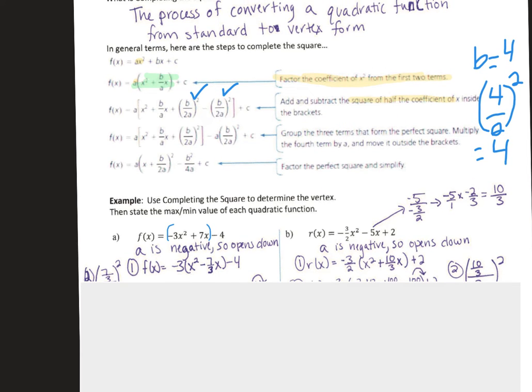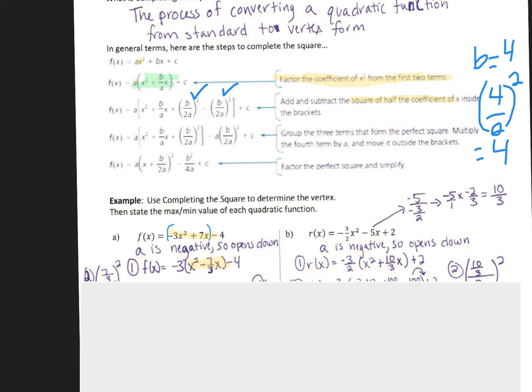When you common factor out an a, you have to make sure you divide both of your terms by that common factor. Okay, so I would divide x squared, and I would divide 7x by negative 3. So when I divide the first term by negative 3, I'll be left with x squared. When I divide the second term by negative 3, I'm going to be left with a negative 7/3 x.